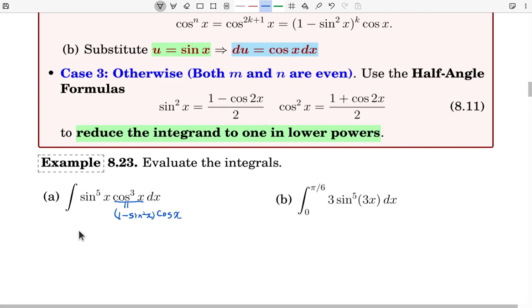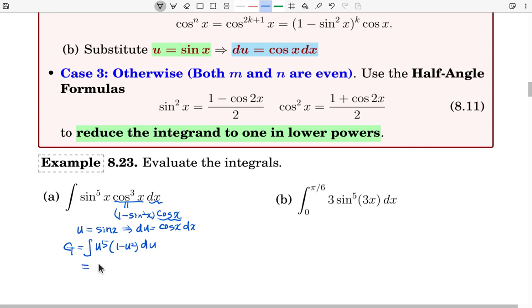If we are using substitution u is sine x, then du will become cosine x dx. So the given integral is the same as the integral of u to the 5 times 1 minus u squared, and cosine x dx will become du.